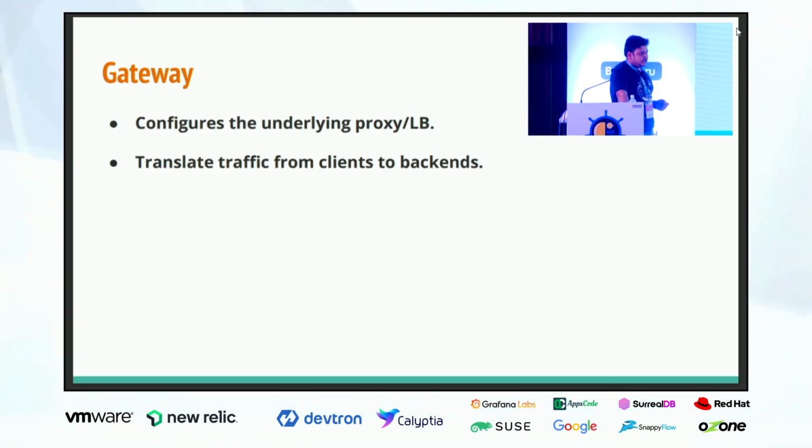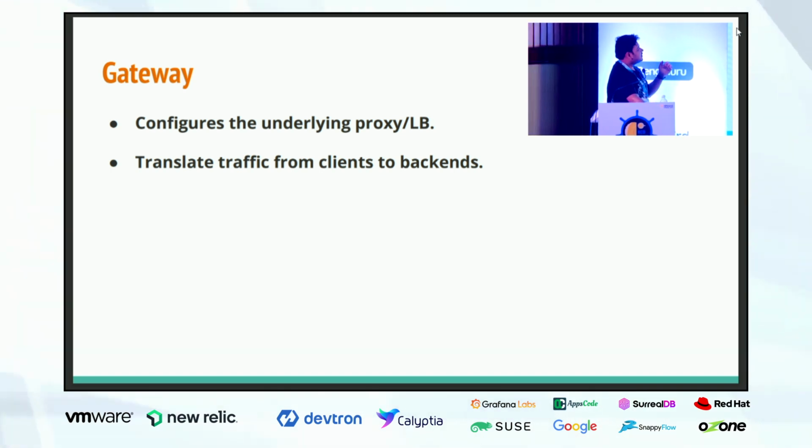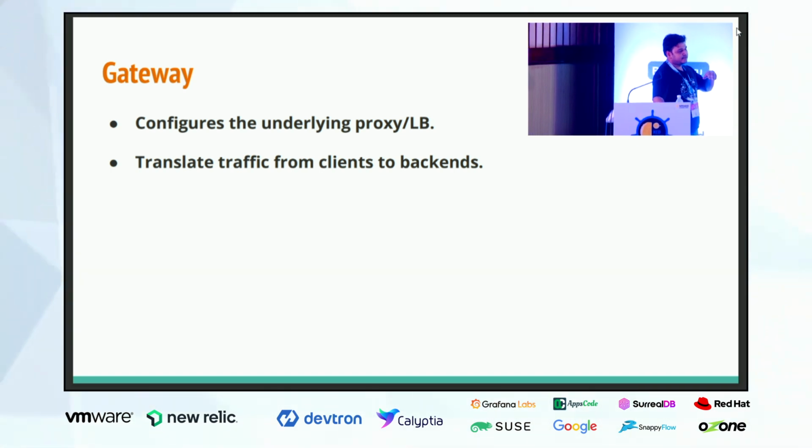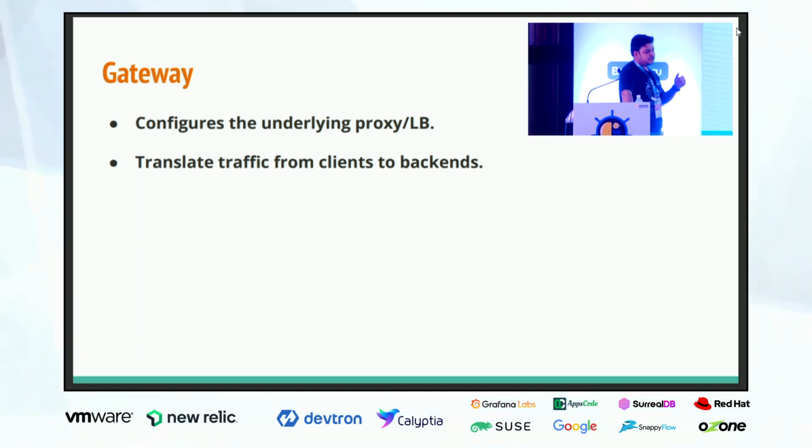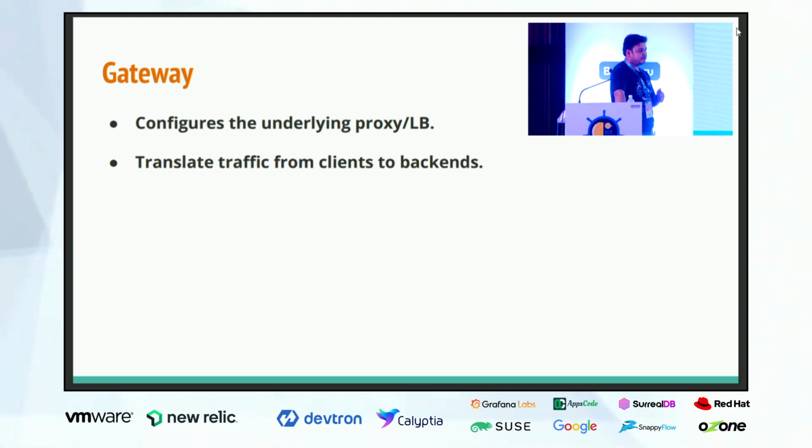The other object that we have is a Gateway, right? Gateway is the object based on which the underlying proxy configures itself. In the Gateway we specify on which port our proxy intends to accept traffic, on which protocol it intends to accept traffic, which routes it wants to allow or deny, and how it wants to handle TLS.